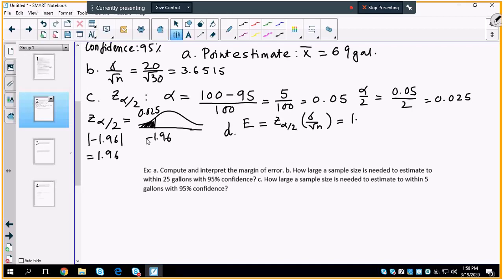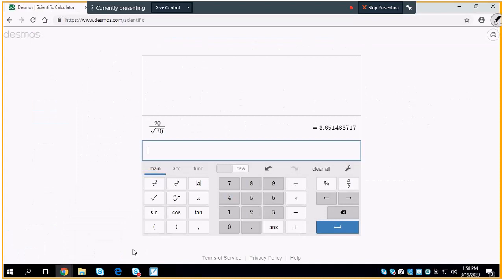Z alpha over 2 is 1.96, and I'm going to multiply this number by sigma over square root of n, which is 3.6515, and round it to the nearest 4 decimal places. So go to calculator: 3.6515 times 1.96, which is 7.1569.